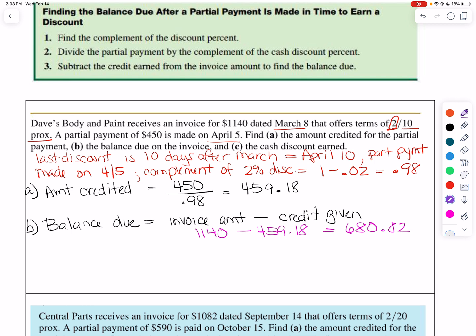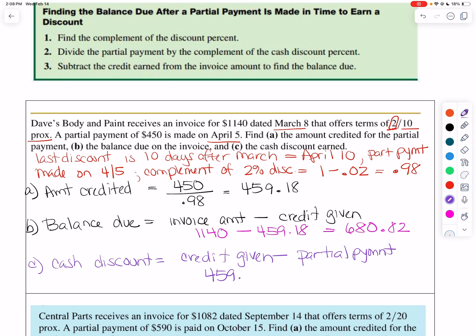The actual cash discount is the credit given minus the partial payment. The credit given was $459.18, and the partial payment was $450, so you got a cash discount of $9.18.